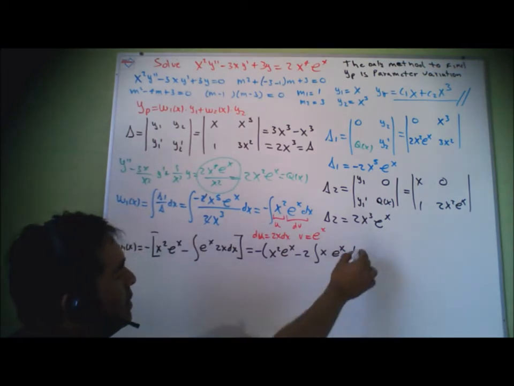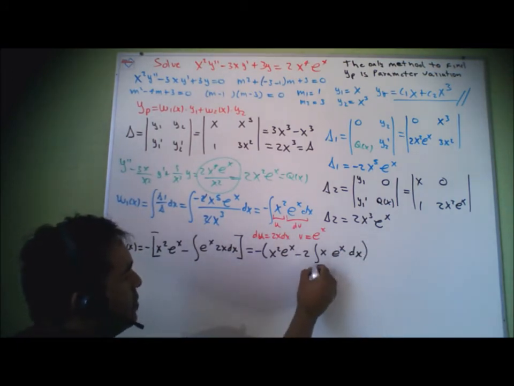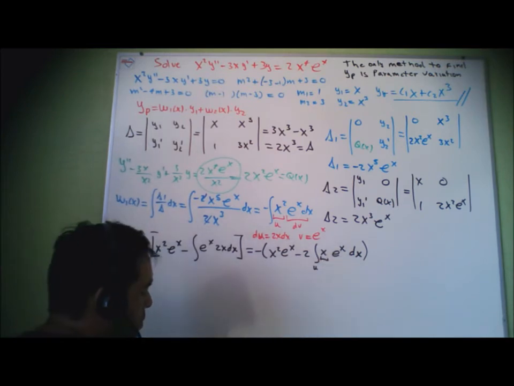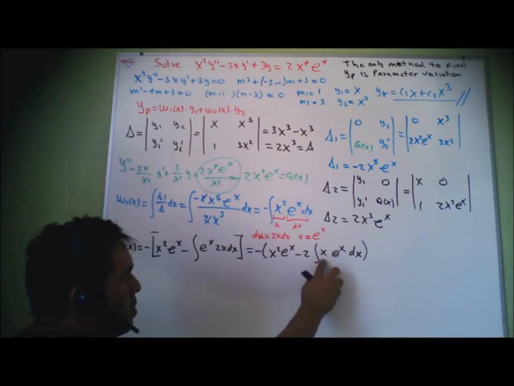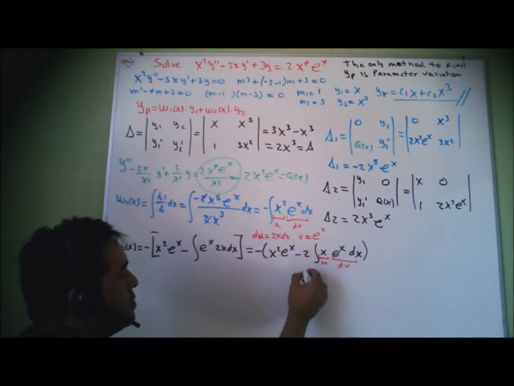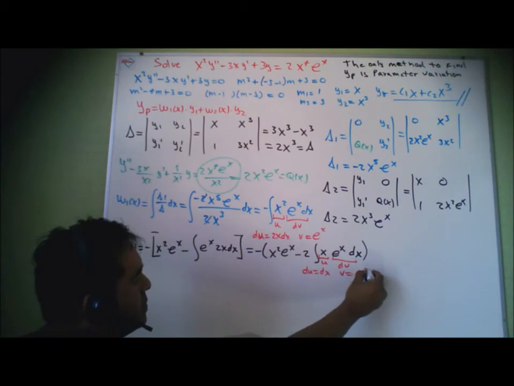And we need again integration by parts. So this is u and this is differential of v. So differential of u is just differential of x, and v is exponential of x again.